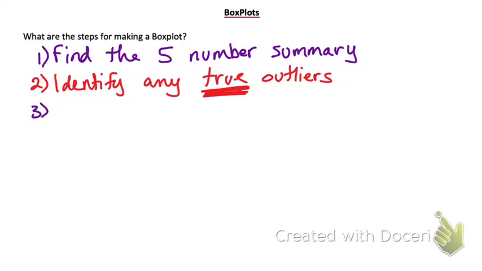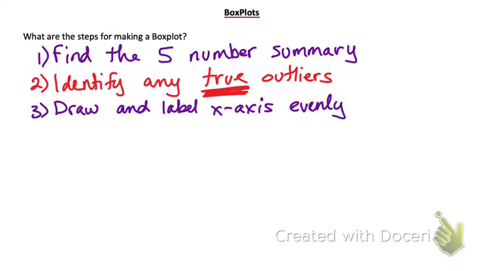Number 3. Now, this is where my box plots, I didn't draw them exactly the way that they're supposed to be done, because you should draw and label your x-axis evenly. You should draw your x-axis before you draw your box plot. Here's why. If you don't, every box plot's going to look symmetric because you're going to draw it that way.